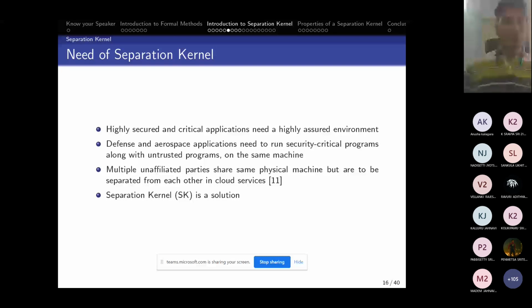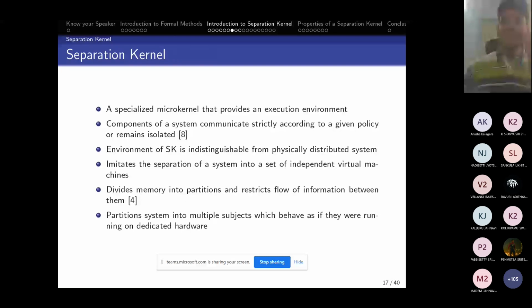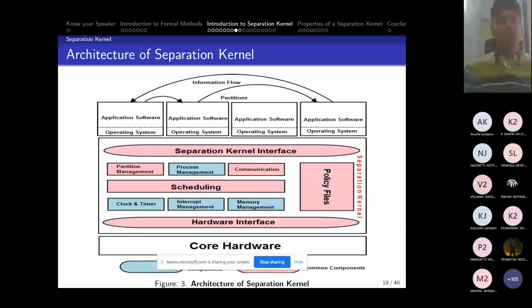There are many separation kernels. If you Google it, and want to know more about what a separation kernel is and which separation kernels are used for which applications, you can go through it. But what I will try to do is show a basic architecture of a separation kernel.